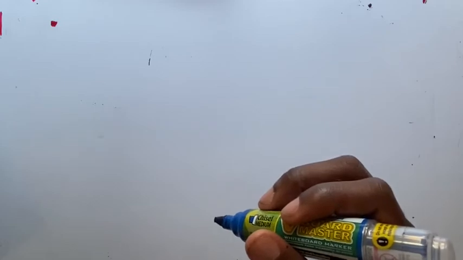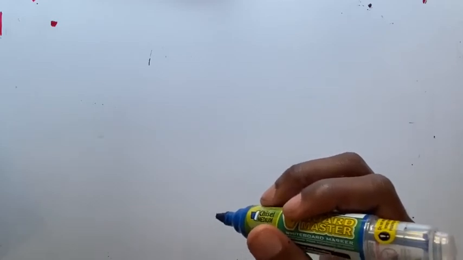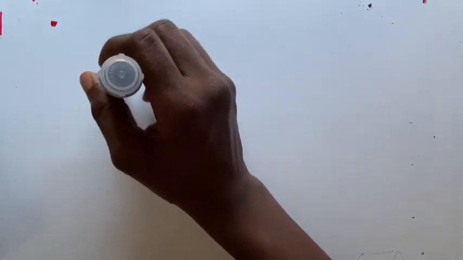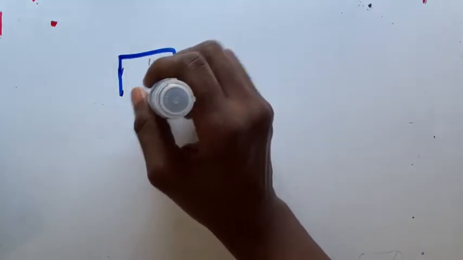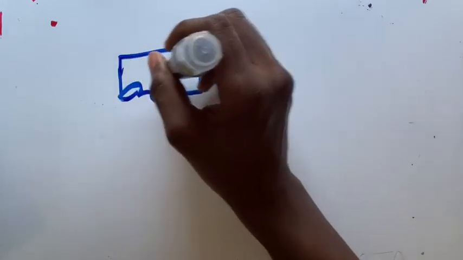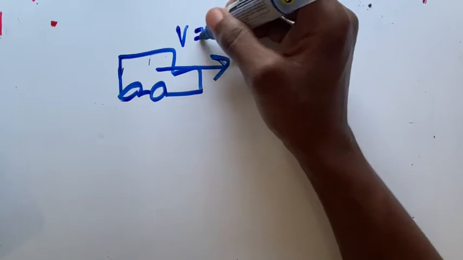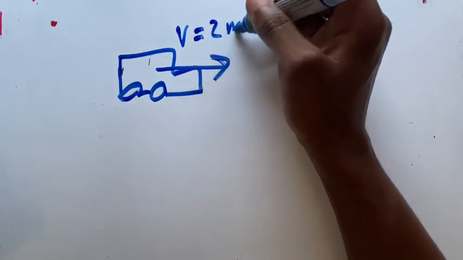7 says you have two identical freight cars roll without friction towards each other on a level track. One car rolls at 2 meters per second, one moves at 1 meter per second. After they collide, they couple and roll together with the speed of, well, let's draw that out. We have one freight car going this way with a velocity of, let's say, 2 meters per second.